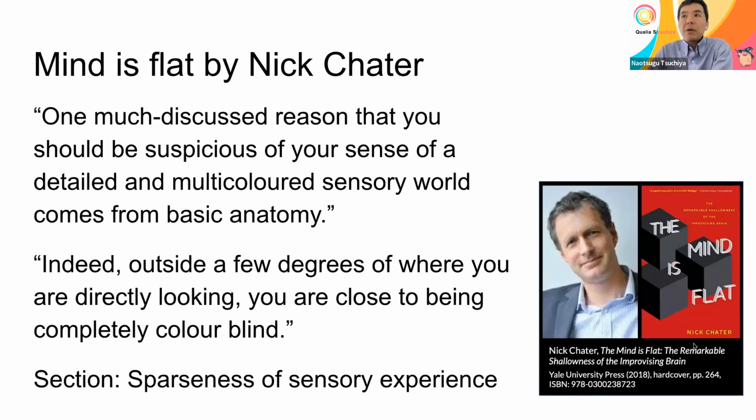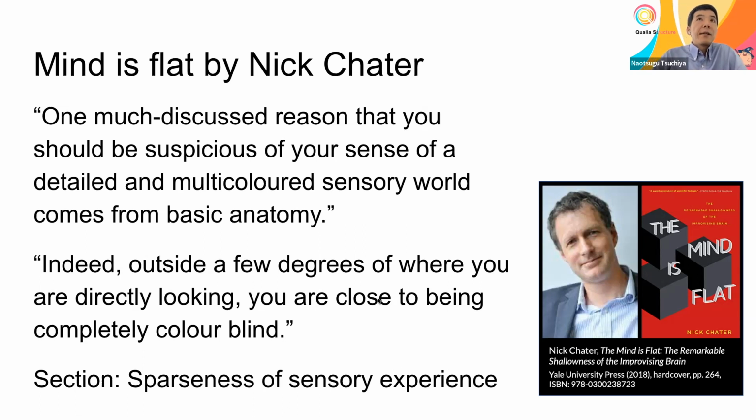This is another book, published relatively recently by the cognitive scientist Nick Chater. He won a quite prestigious award recently in cognitive science, and this book is selling quite well. It's called The Mind Is Flat.